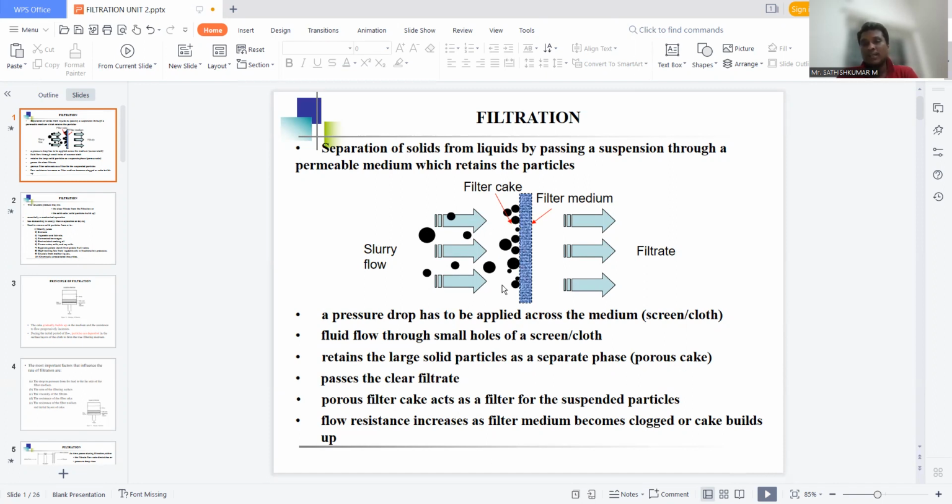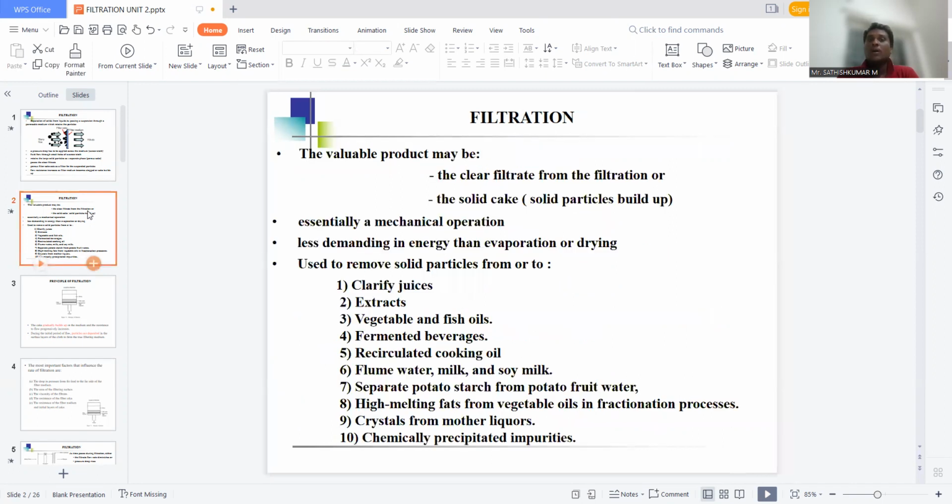Already we have discussed this. Next, we move to the basic key points of filtration. The valuable product may be the clear filtrate from the filtration or the solid cake or solid particles that build up. At the end point of filtration, we gain two end products.